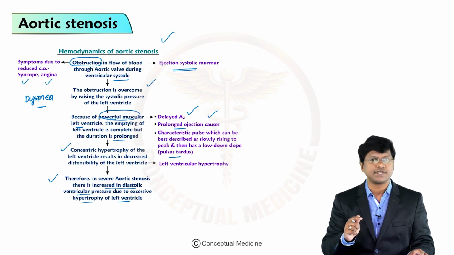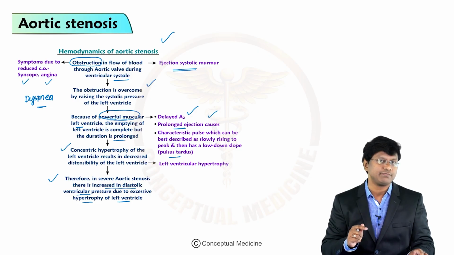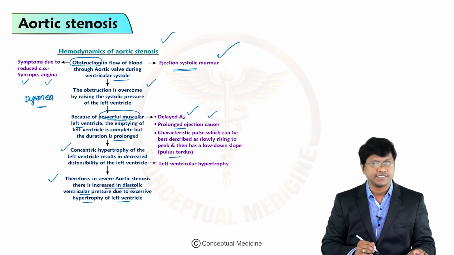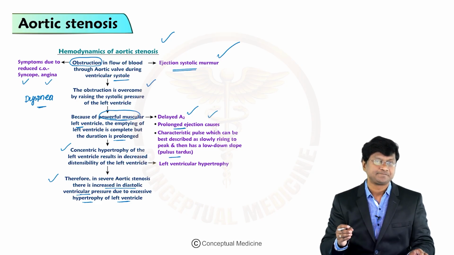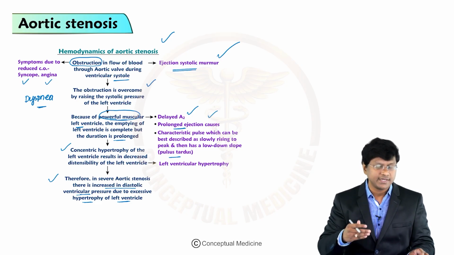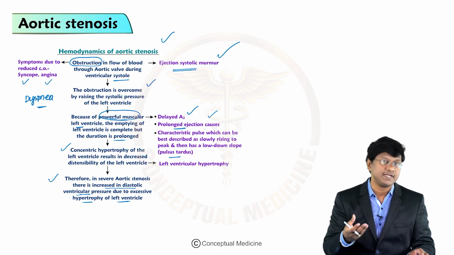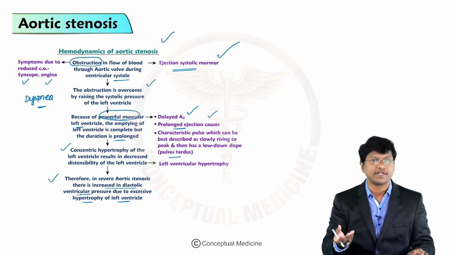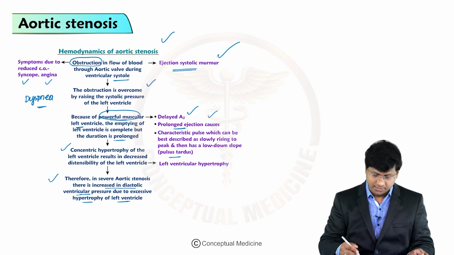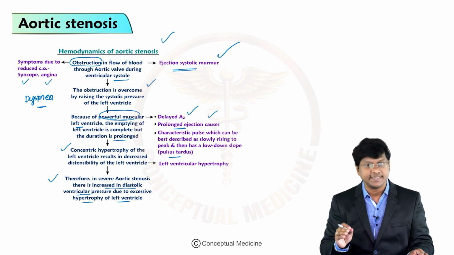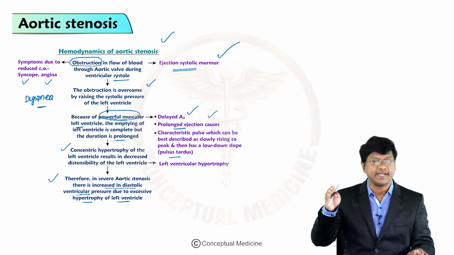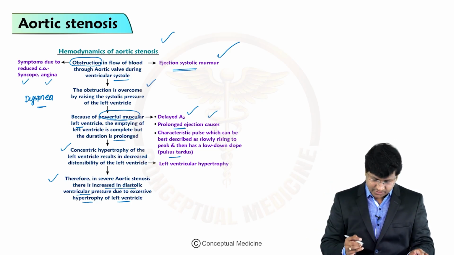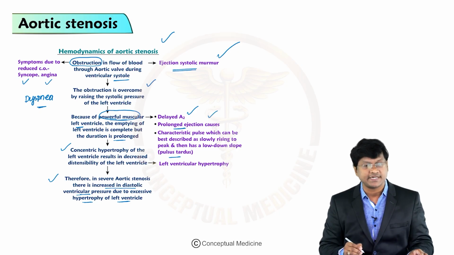So because of an obstruction in the flow of blood through the aortic valve during ventricular systole, there is an ejection systolic murmur, and there is prolonged time required for the emptying of the left ventricle, right? The duration is prolonged and that will result in the delayed A2, and there will be a slow rising pulse with a delayed peaking, and that will result in what is called pulsus parvus et tardus.